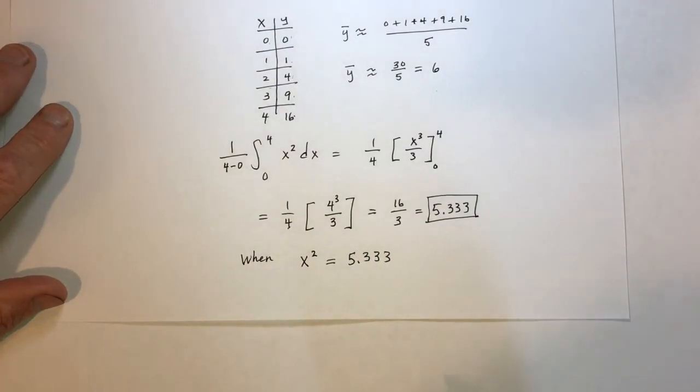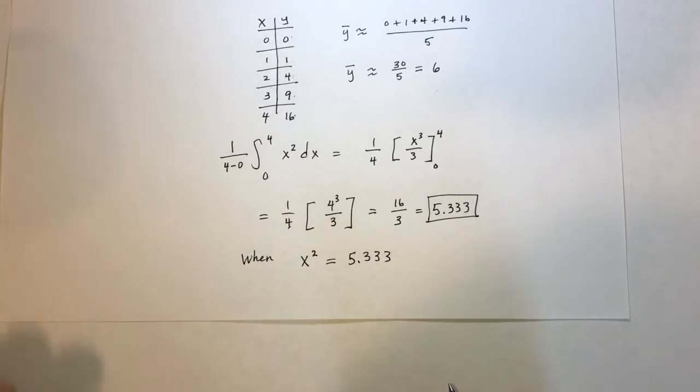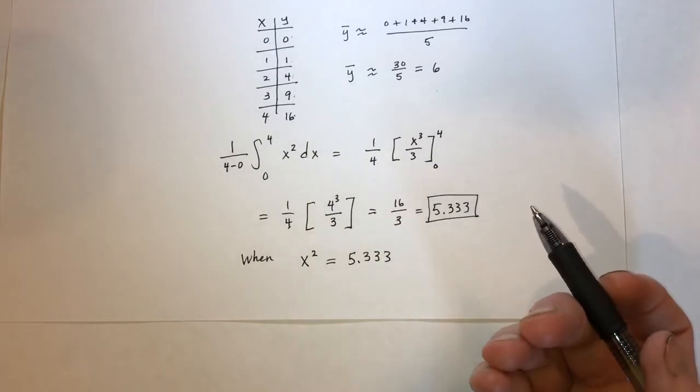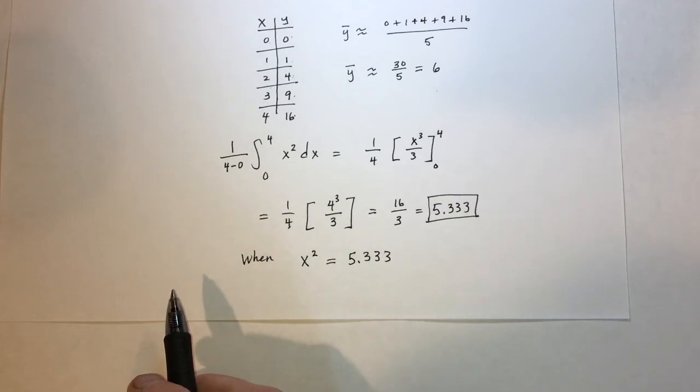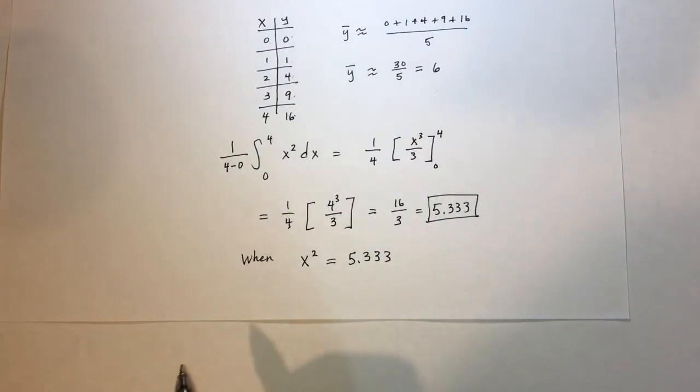So for example, if on average I weigh 143 pounds, well, it's not every day that I weigh 143 pounds. Sometimes a little more, sometimes a little less. Then exactly when do I weigh my average? That's sort of what I'm doing right there.